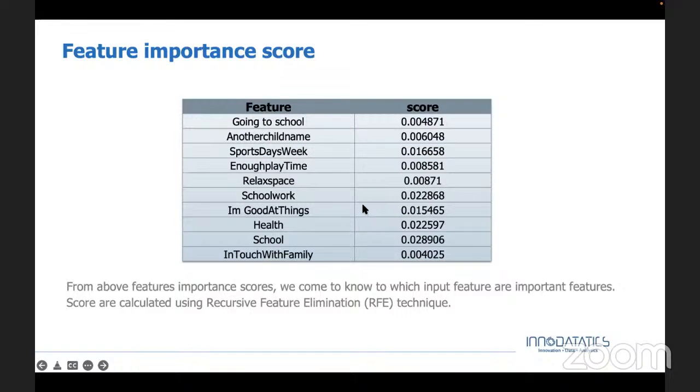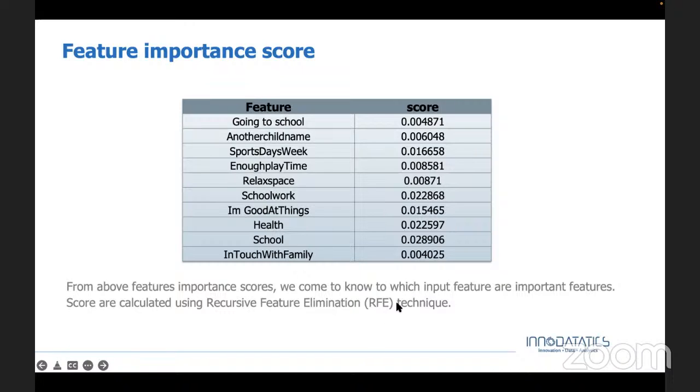Okay. And remember from our project objectives, another objective was, out of all these questions which were asked, you got a lot of responses. Based on that, tell me, what are the most important features which will have an impact on the mental health of the kids?